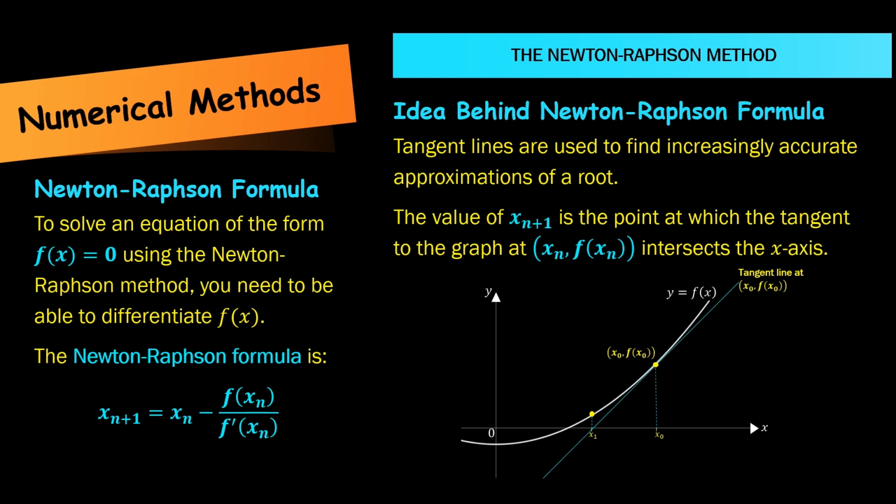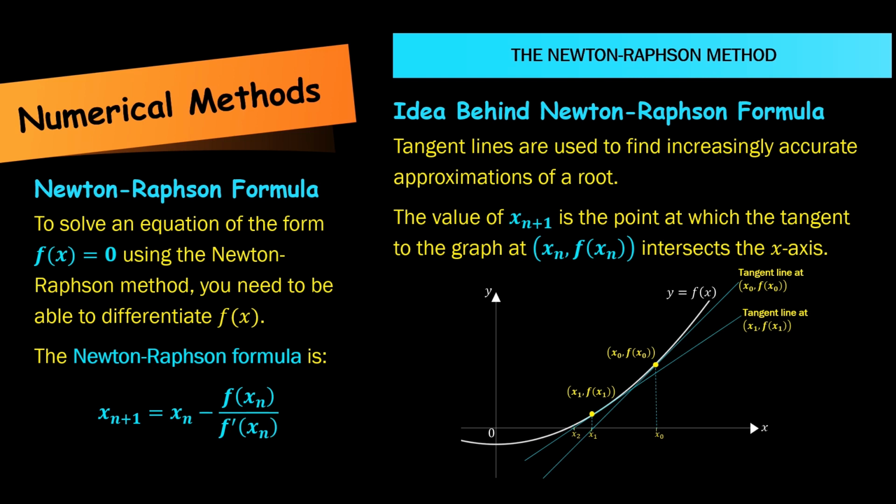This is the point at which this tangent intersects the x-axis. Next we consider the tangent to the point x1, f of x1, as shown here. And the next point along is x2.